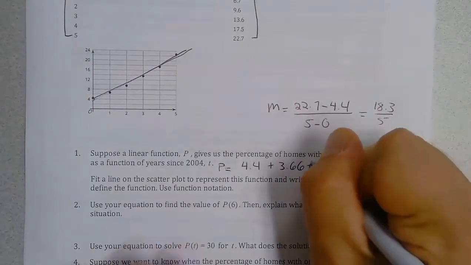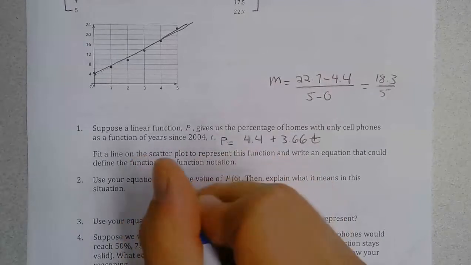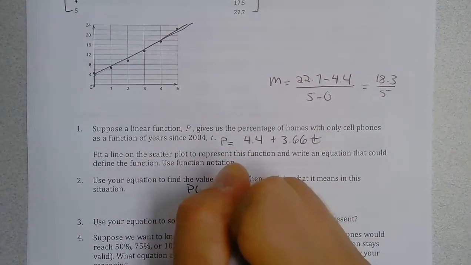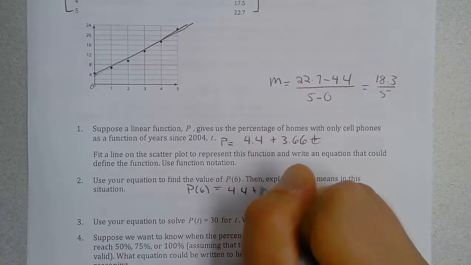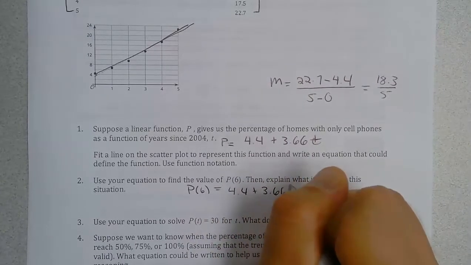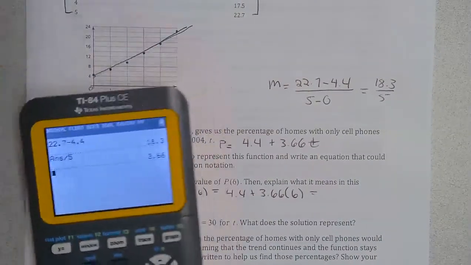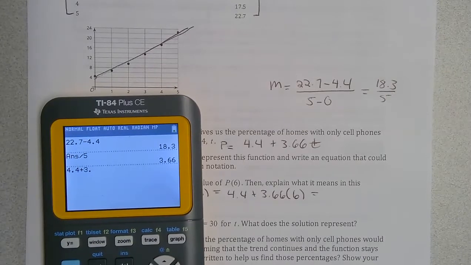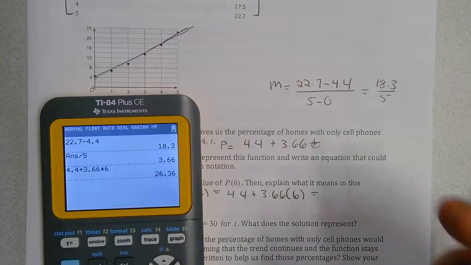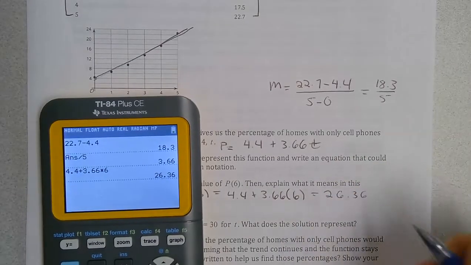So if I use my equation to find the value of p of 6, that means the time is 6. So p of 6 is 4.4 plus 3.66 times 6, which gives us 26.36.